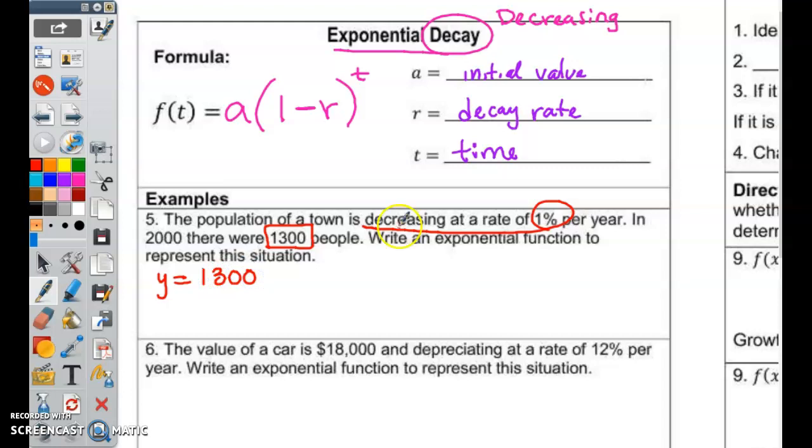It says decreasing, so I'm going to subtract. So in parentheses, I'm going to put 1 minus the percent. So if this is in cents, how do I write this in cents? 0.01, close parentheses, to the power of X.